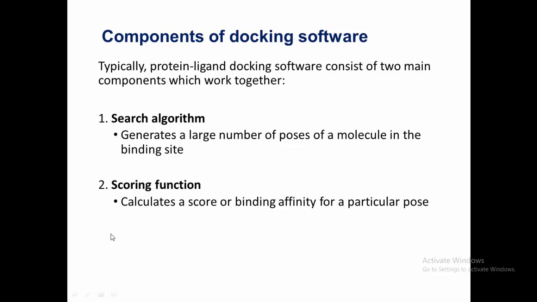Here I will explain this in more detail. The search algorithm generates a large number of poses of a molecule in the binding site. The scoring function calculates a score, meaning the binding affinity or binding energy, for a particular pose.